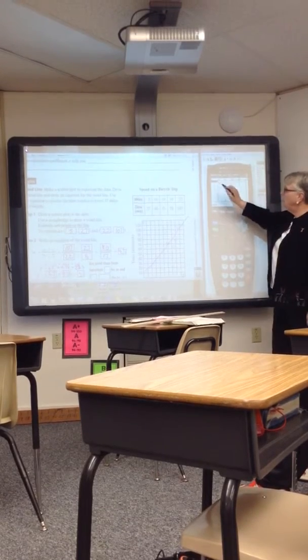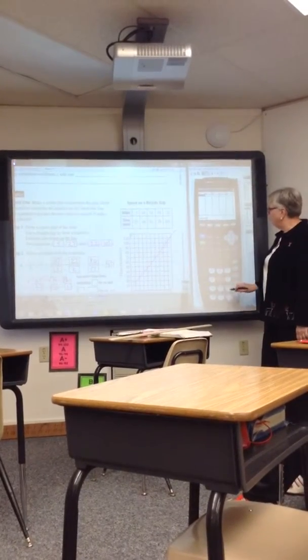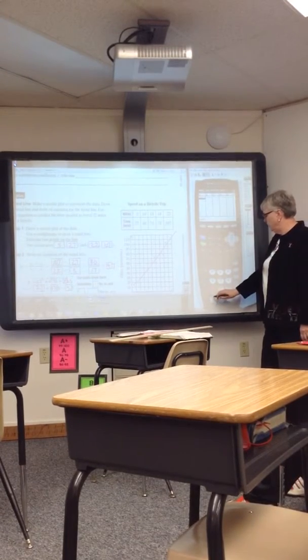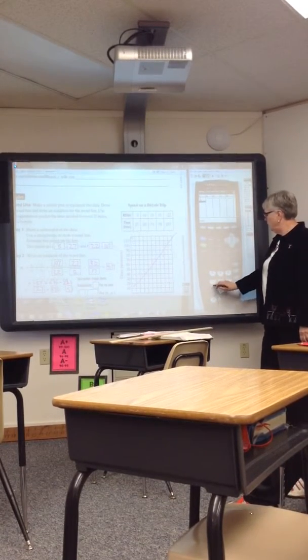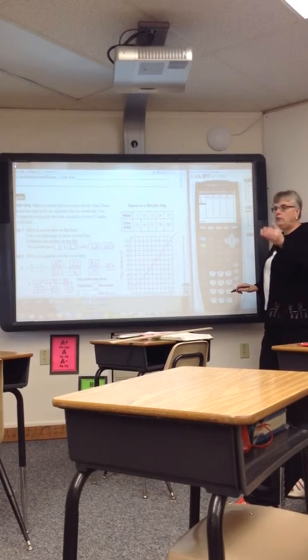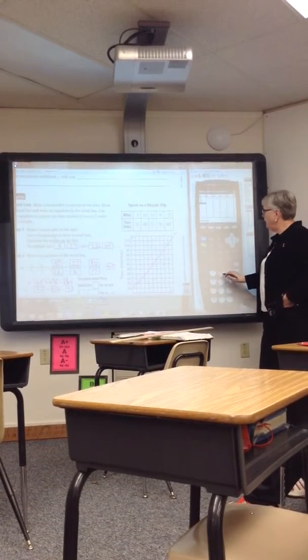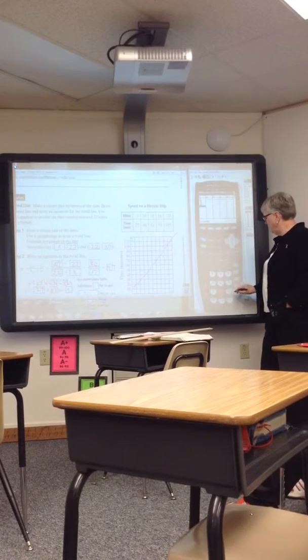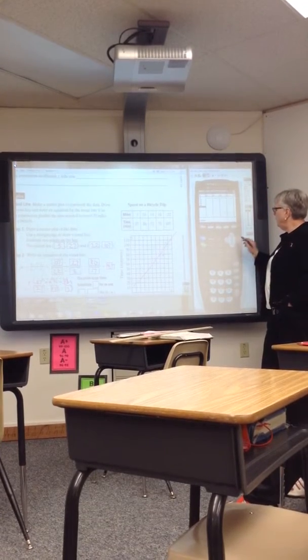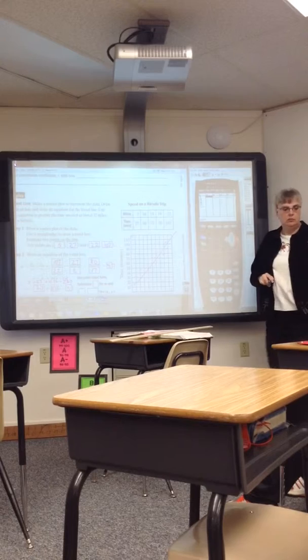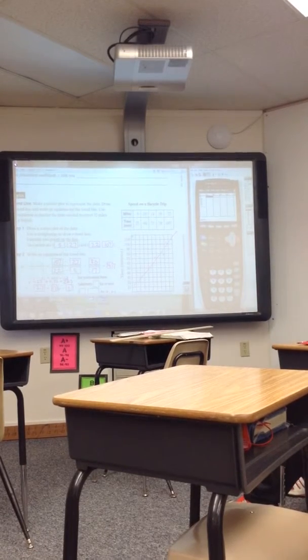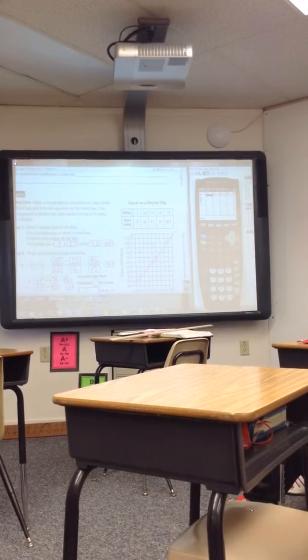So I'm going to enter my X's first. So I'm going to enter 5, 10, 14, and each time I enter one, I hit the enter. 18 and 22. Then I'm going to go right 1. I'm going to go right 1, and I'm going to add the Y's to your column.